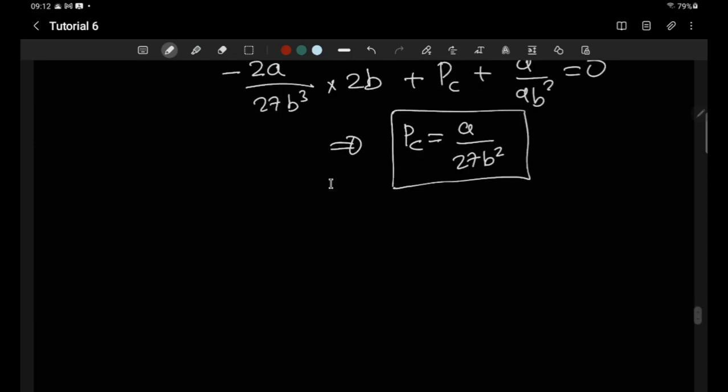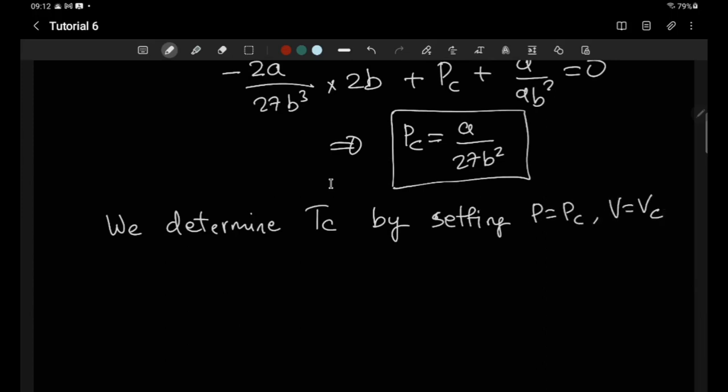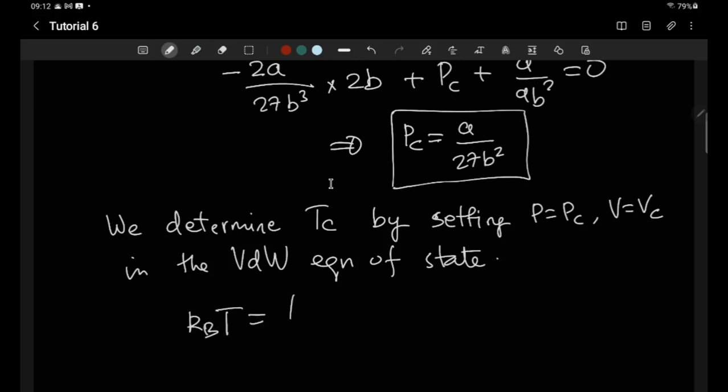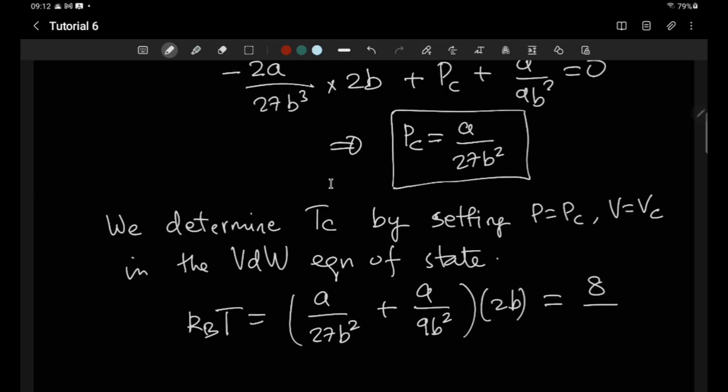now we need to determine Tc. Once you do that, you get kB Tc.